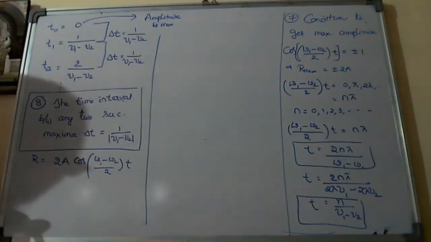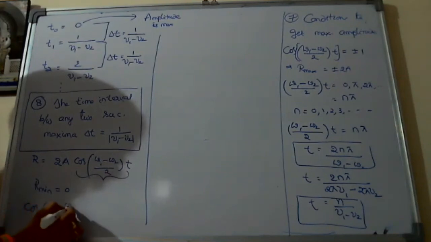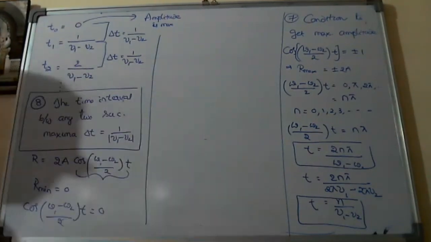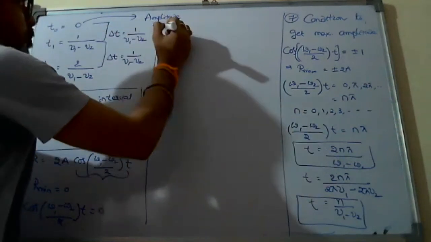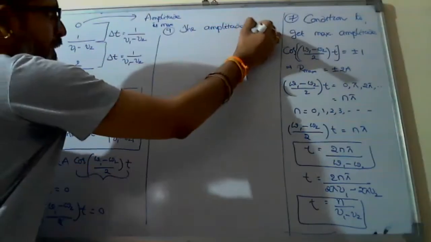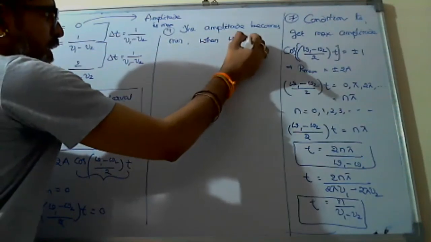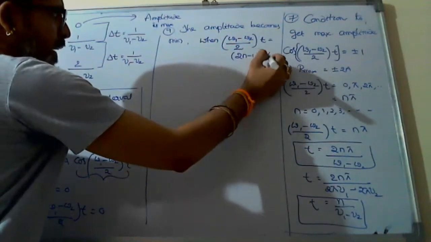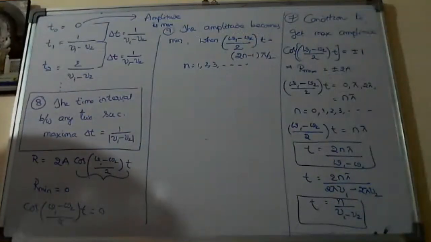R minimum equals 0 means cos (omega 1 minus omega 2) by 2 into t should be 0, at pi by 2, 3 pi by 2, 5 pi by 2, and so on. 9th point: the resultant amplitude becomes minimum when (omega 1 minus omega 2) by 2 into t equals (2n minus 1) into pi by 2, where n is 1, 2, 3, and so on, not 0.